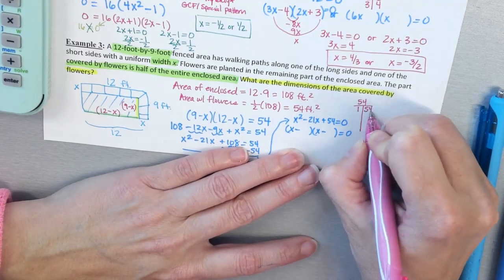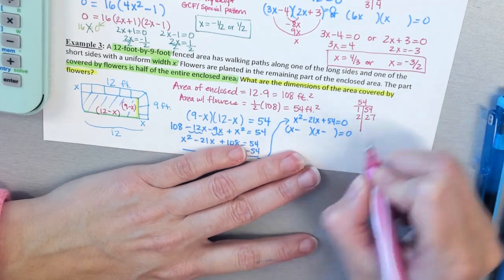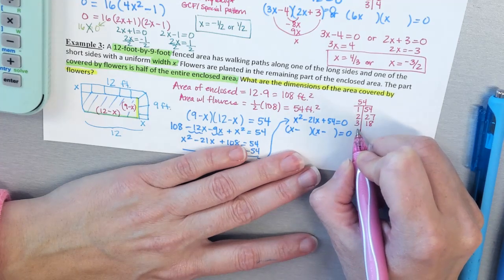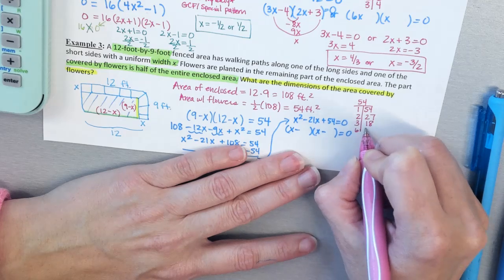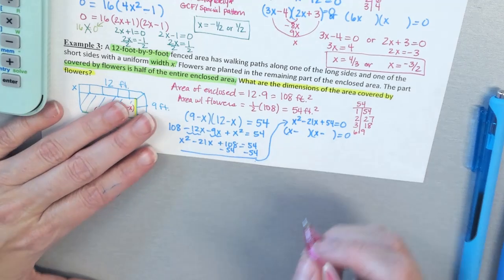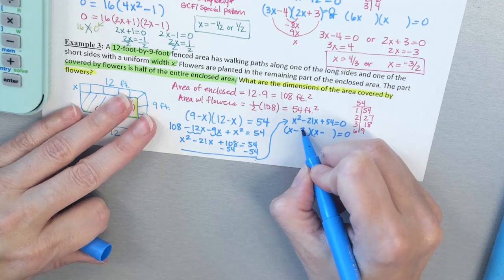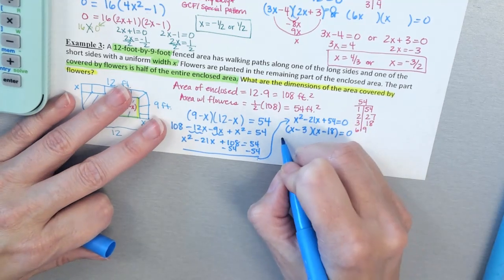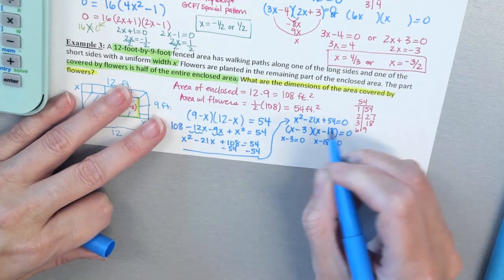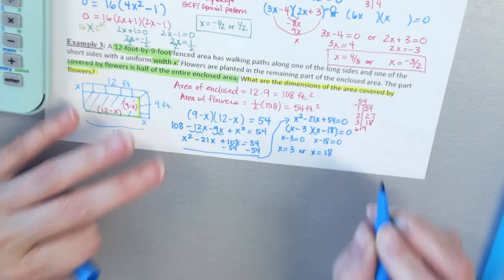So 1 and 54, 2 goes in there, 27 times, 3 goes in there, 18, and then we have the 6 times 9, which you guys know. Okay, so which ones are going to add to negative 21? 3 and 18. Okay, so then when you set those equal to 0 and solve, it's either x equals 3 or x equals 18.